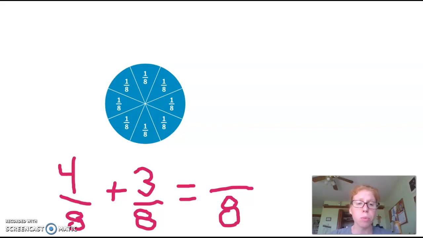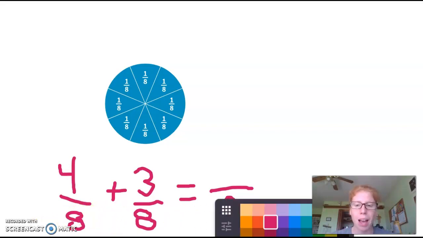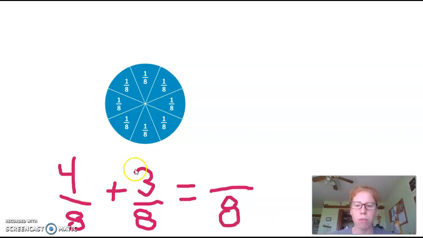In other videos, we'll work on adding fractions with different denominators. That gets a little bit more complex. But today it's just same denominator, so the denominator goes straight across, 8, 8, 8. And so now we just add up how many pieces of 8. So I have 4 pieces of 8, so I'm going to start coloring these up.